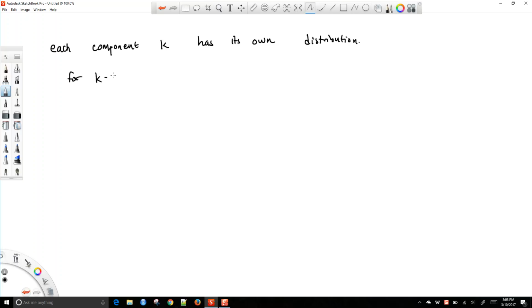For K equal to 1, we have probability of x of n given delta 1. For K equal to 2, we have probability of x of n given delta 2, et cetera.